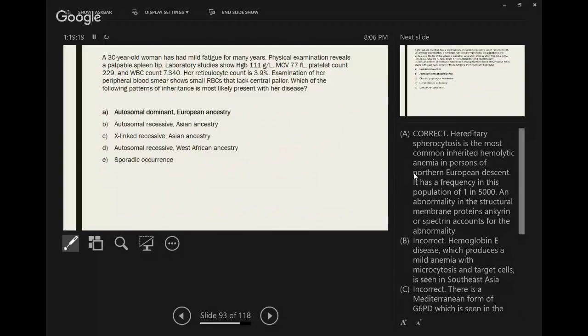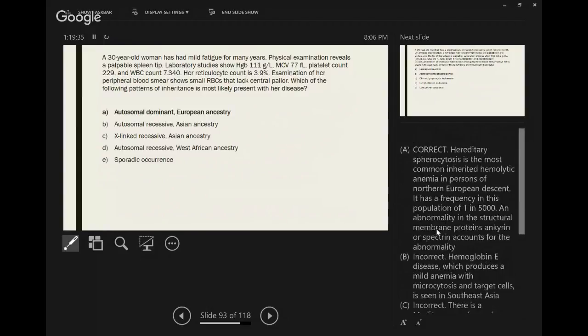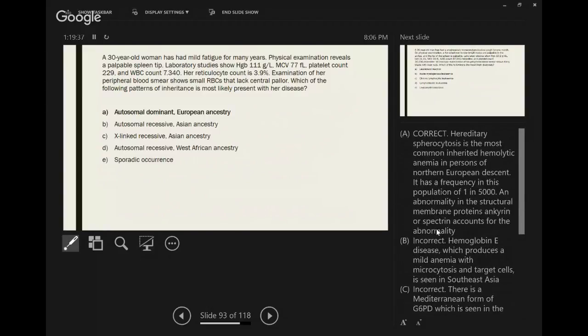It's not normally tested on, but it's autosomal recessive and you'd think West African, right? It is Southeast Asian, yeah. No, there's a variant of it in Africa.